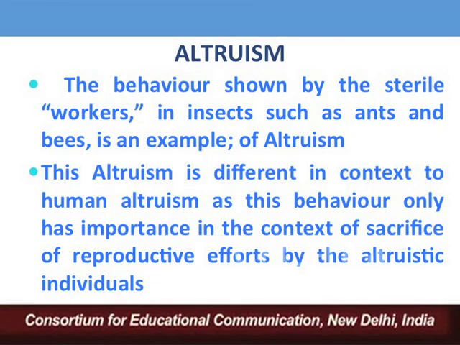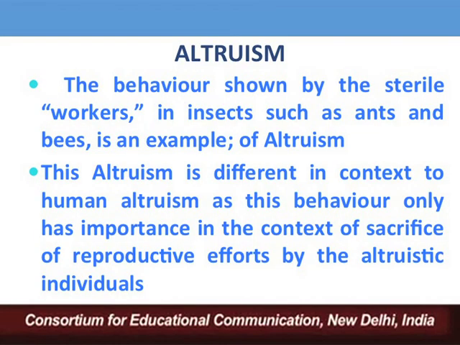Now coming to altruism, what exactly altruism means? When we talk of the honeybee, the behavior which is being shown by the worker bees is altruism, and it is common to social insects, where a number of insects work selflessly to ensure that colony is safe and the young ones are reared.